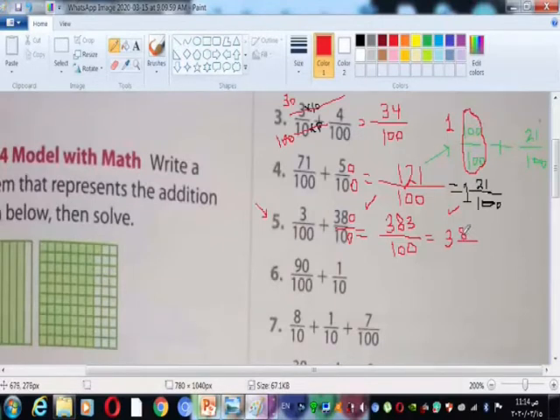Perfect. 3 to 100. To 100. Perfect. Now we have very easy question.